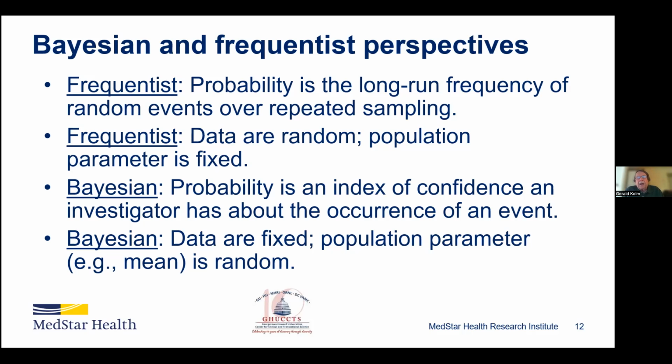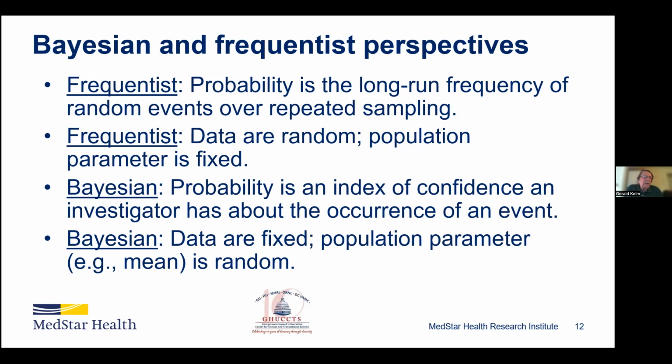So for example, the population mean or the population proportion of a disease or whatever it is we're interested in. In the Bayesian perspective, though, probability, although it's going to seem similar, has a different interpretation. What probability means in the Bayesian perspective is an index of confidence that we have about the occurrence of an event. And we'll see what is meant by that and how that differs from the classical perspective.